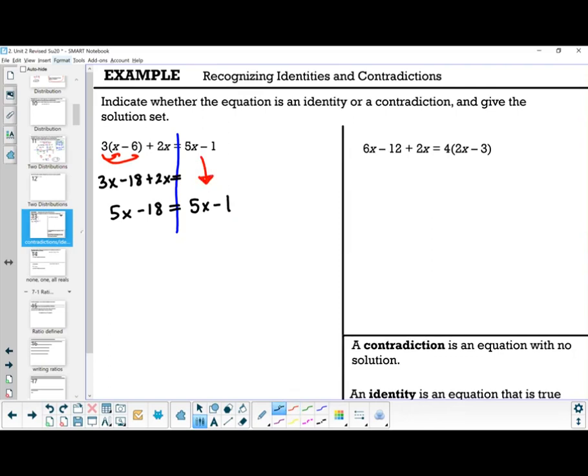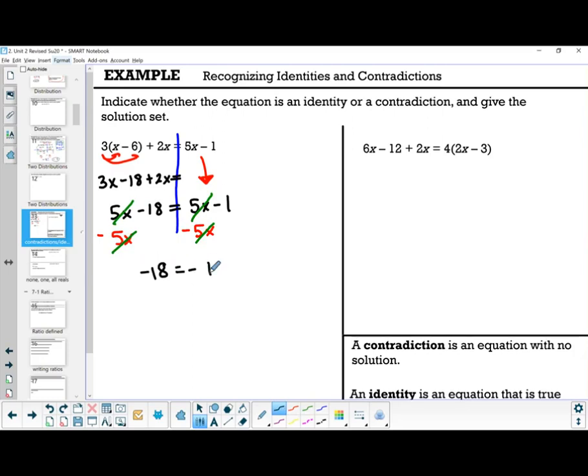Now at this point, I can see what's going to happen, and eventually, if you can't see it now, you will be able to. I'm going to continue to try to solve this, so I'm going to do minus 5x on each side. That leaves me with negative 18 equal to negative 1.